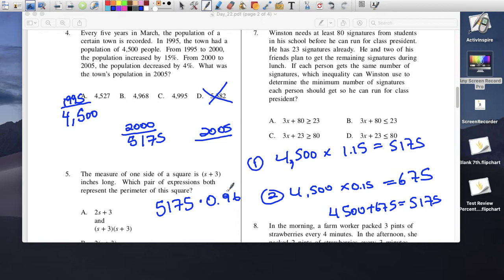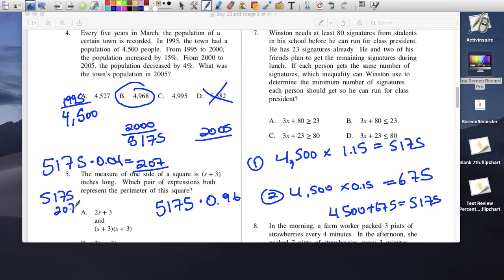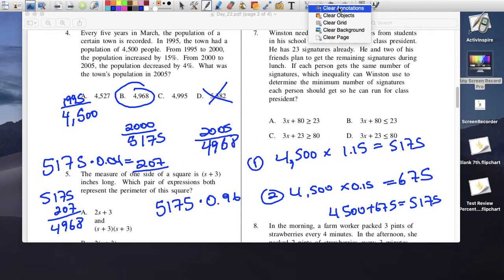So 5,175 times 0.96 gives us a population of 4,968, and the correct answer is B. Or if you did 5,175 times 0.04, which is 4%, that gives you that the population declined by 207. Then you subtract 207 from the total, and you get exactly what we got before, 4,968. So the population in 2005 was 4,968. It doesn't matter which method you use.